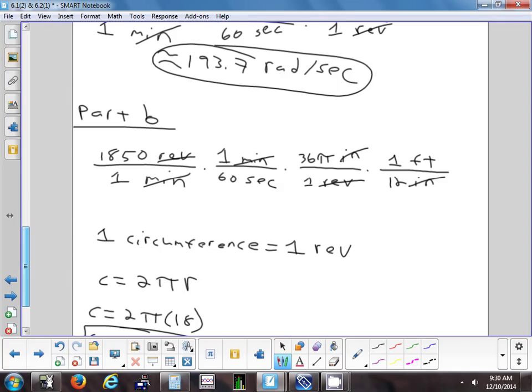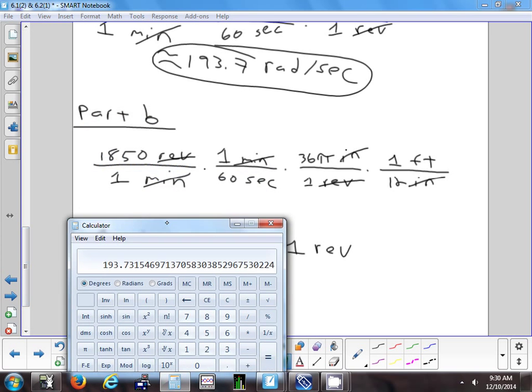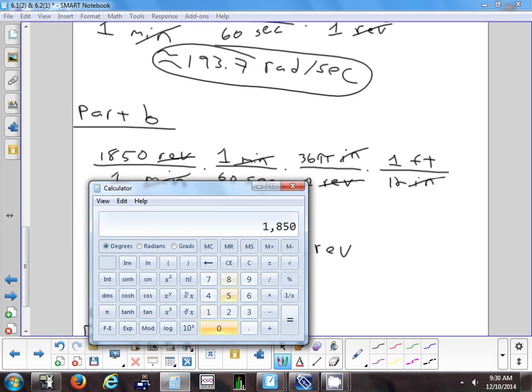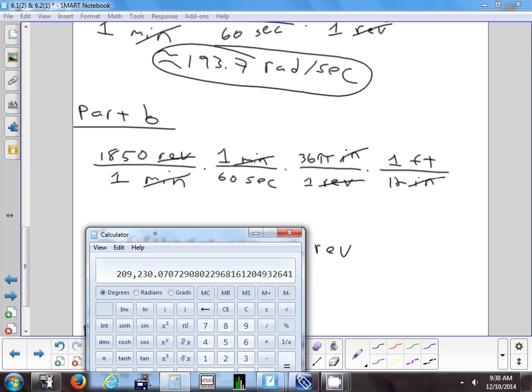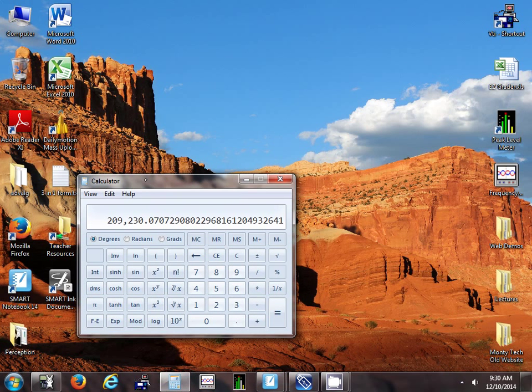Okay, so let's see what we got. So if you had an 18-inch wheel spinning at 1850 RPMs or revolutions per minute, this will tell us the speed in feet per second. So take 1850 times 36 times pi times 1 divided by 60 and then divide by 12.